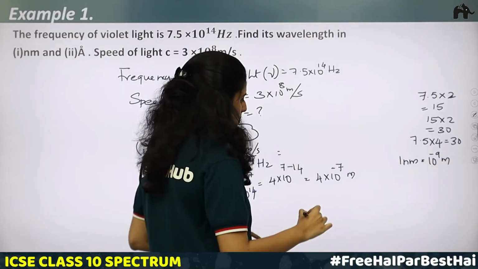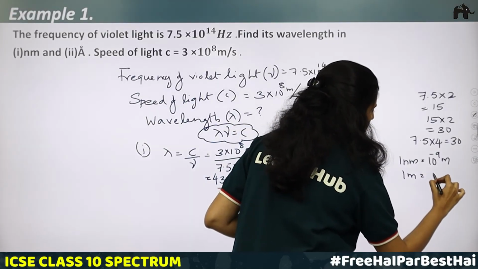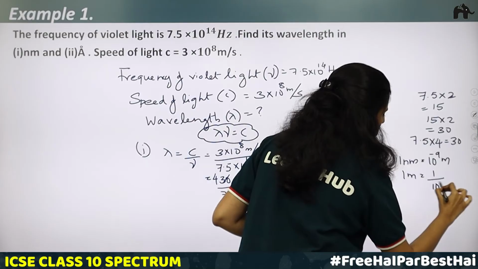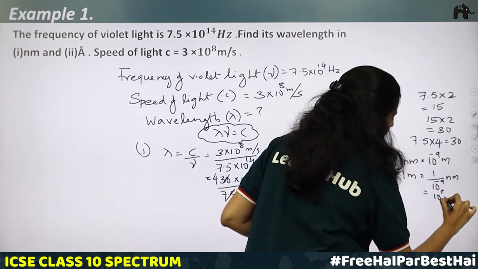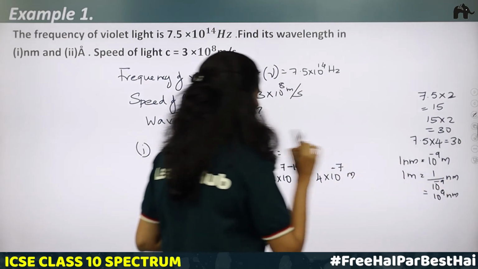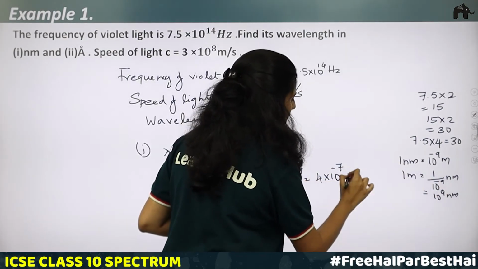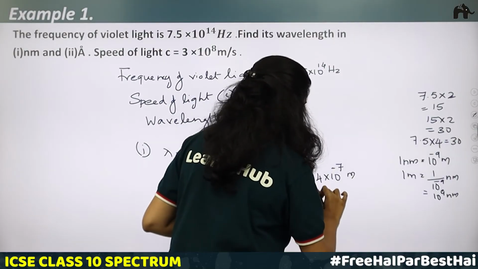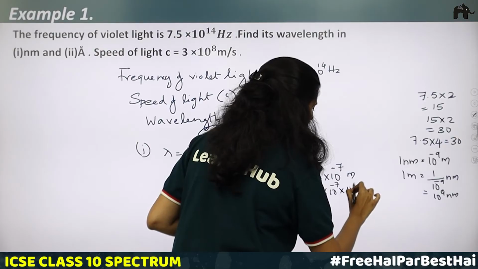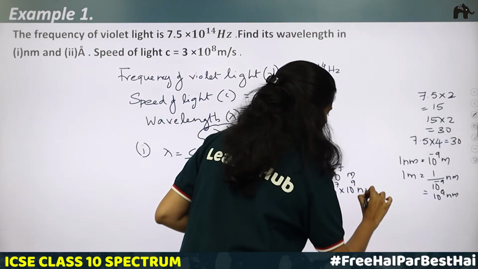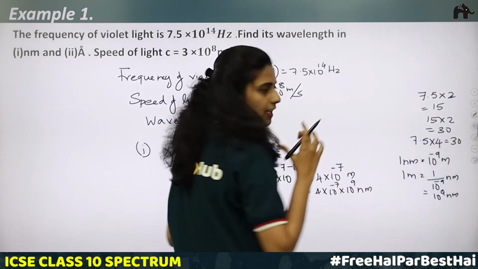Which means 1 meter will be equal to 1 by 10 raised to minus 9 nanometer, or that is 10 raised to 9 nanometer. So here how many meters we have? We have 4 into 10 raised to minus 7 meters. Then it will be equal to 4 into 10 raised to minus 7 into 10 raised to 9 nanometers to convert. So 1 meter is 10 raised to 9 nanometer.